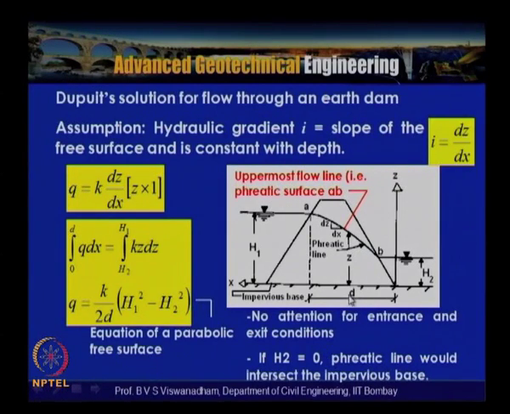But one thing we must observe here is that no attention was given to the entrance and exit conditions for the phreatic surface. And if H2 is equal to 0, that is, if the tail water level is at this point, the phreatic line would intersect the impervious base.